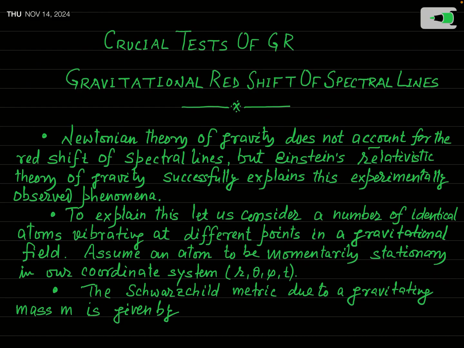But Einstein's relativistic theory of gravity successfully explains this experimentally observed phenomenon. So the basic aim of this very short lecture is to explain how Einstein's theory is successful in explaining the gravitational redshift of spectral lines.